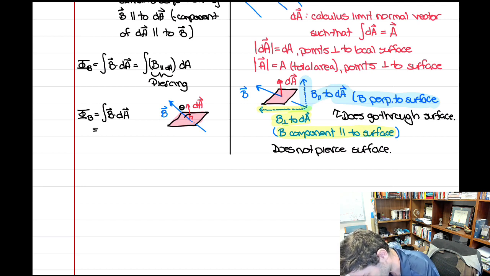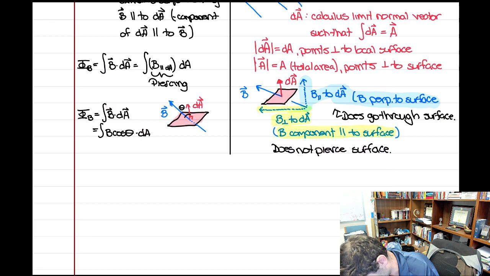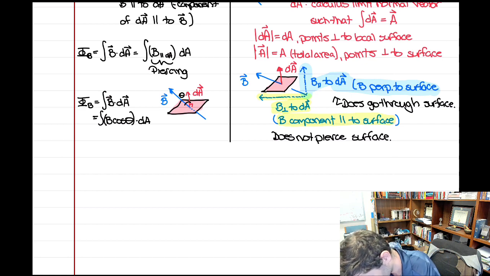This then is the integral of B cosine theta times dA. I rearranged it a little bit because, again, B cosine theta, what's that? That's the component that is parallel to dA.